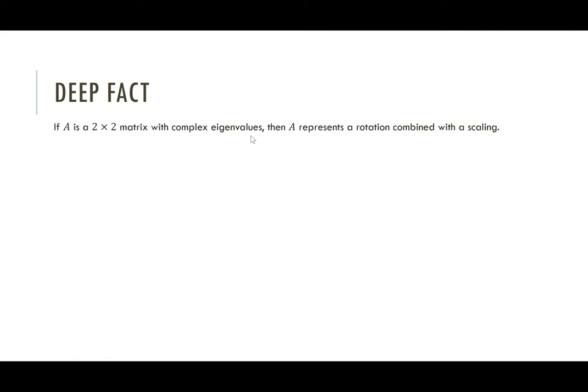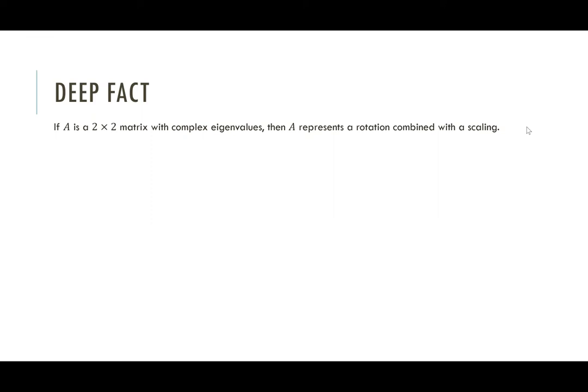Then it turns out that matrix has to represent a rotation combined with a scaling. And so this is the deep geometric fact here. You've got a 2 by 2 matrix. Complex eigenvalues mean rotation. So it's not really an accident that the rotation matrix was the one that was not diagonalizable previously, when considering just real eigenvalues.